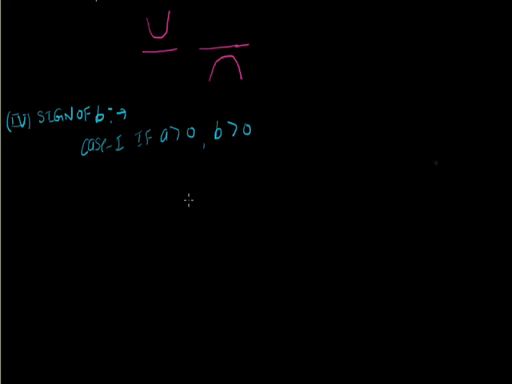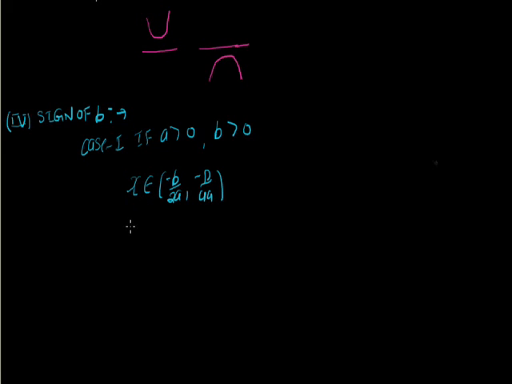If both a and b are positive, then the coordinate of the vertex of the parabola is (minus b upon 2a, minus d upon 4a). These are the coordinates of the vertex of the parabola.